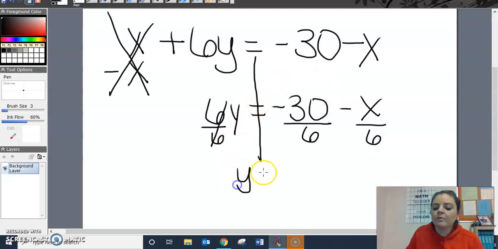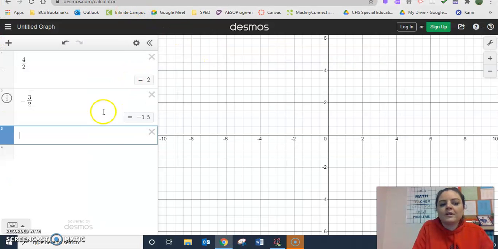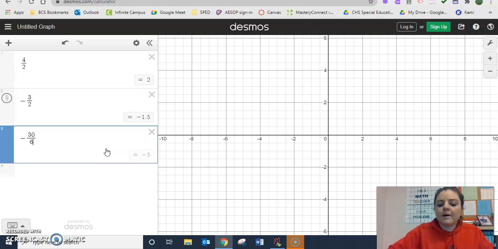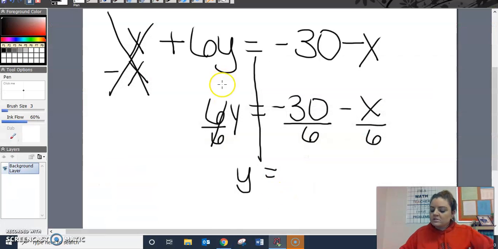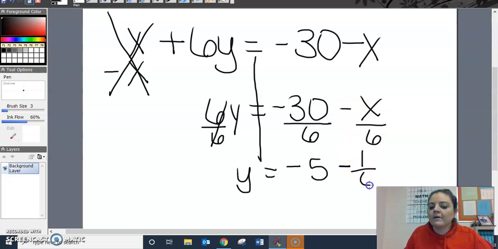So we're left with y equals, what is negative 30 divided by 6? Go to our calculator. Negative 30 divided by 6 equals negative 5. Negative 5 is a whole number, so we would write it as negative 5 minus, we're going to rewrite this as negative 1, because there's a 1 in front of it, over 6x.